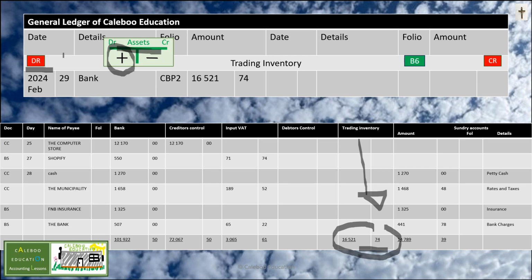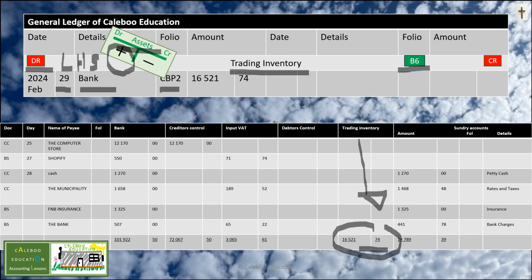So the entry goes in on the left hand side of the trading inventory account, which is B account 6, balance sheet account number 6. Last day of the month, because it had its own column. Contra account is bank. Where did we get the information from? The Cashbook payments number 2. And what was the amount? The total of the trading inventory column.